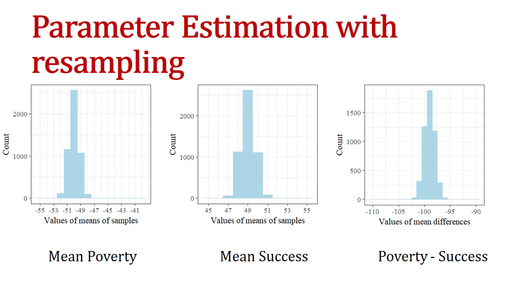Here I just show you the example of poverty, success, and the mean difference between poverty and success. The values of poverty are around -50, the values of success are around 49, and the mean difference values are around -98.